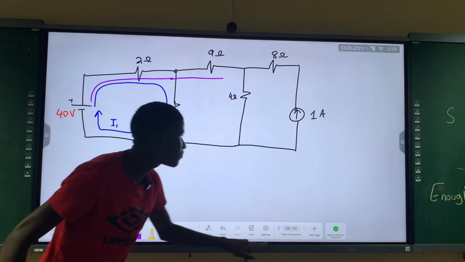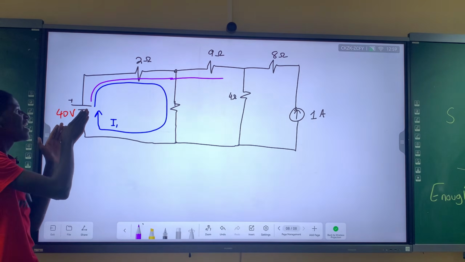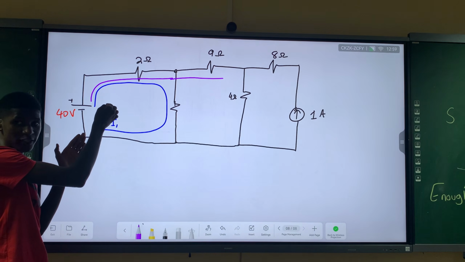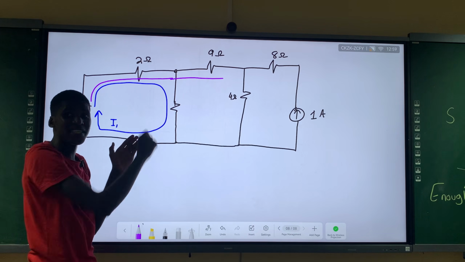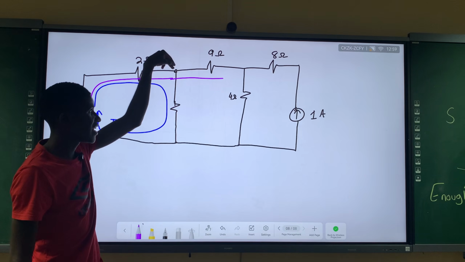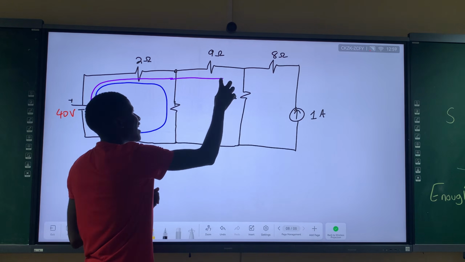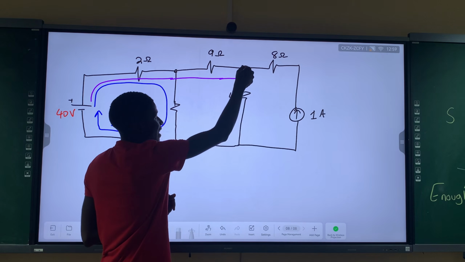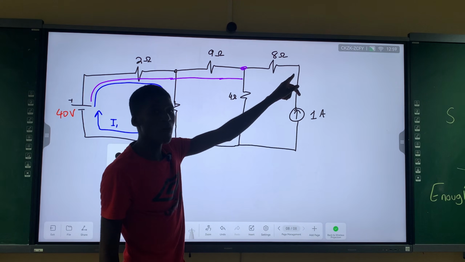Looking here, this I1, this current from this 40 volts, can take this path. That's the first loop. But another can go this way because this node splits this current. Yes, it splits, one goes this way, another goes here. So when it splits, what will the one going here do when it arrives at this node? It will combine with that 1 ampere.